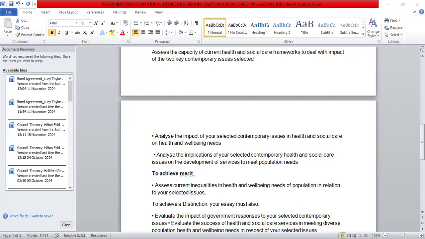We have to look at what government policy seeks to address inequality. Or it may be mental health, so what government policy seeks to address mental health issues or mortality or depression. So this is telling you that you have to choose two specific things that seek to address the issue that you have mentioned.